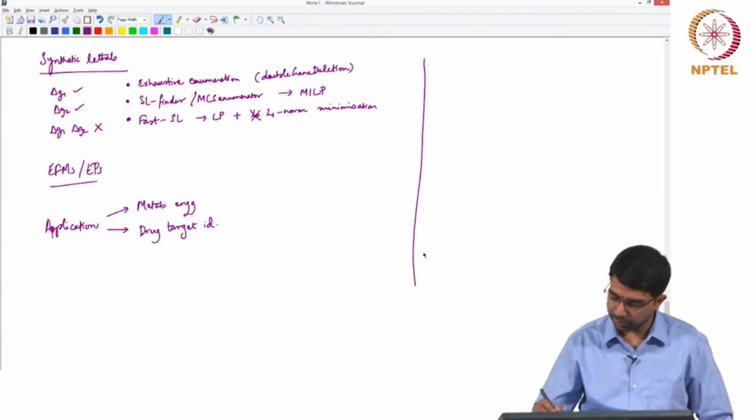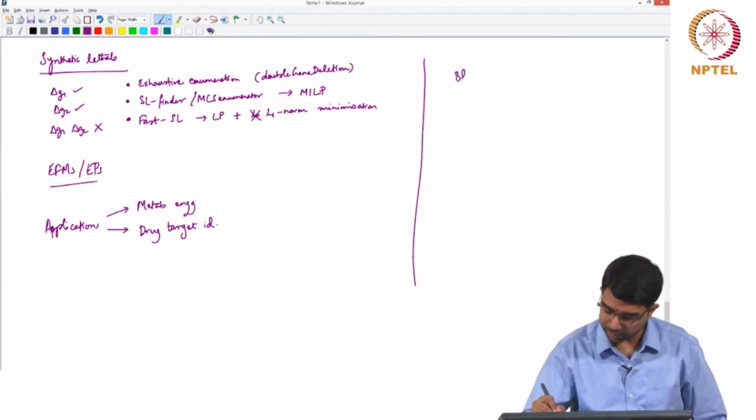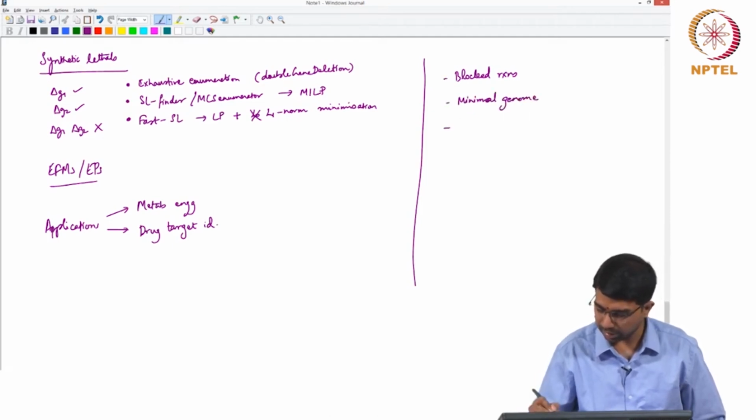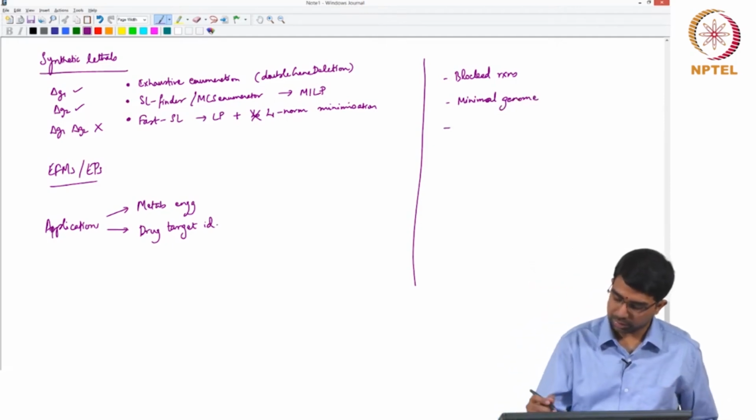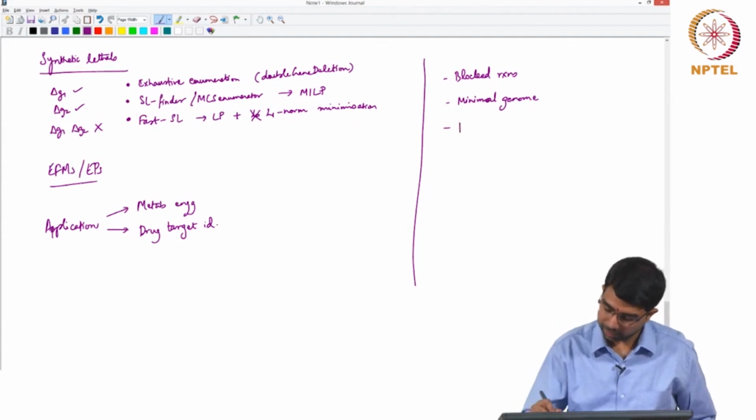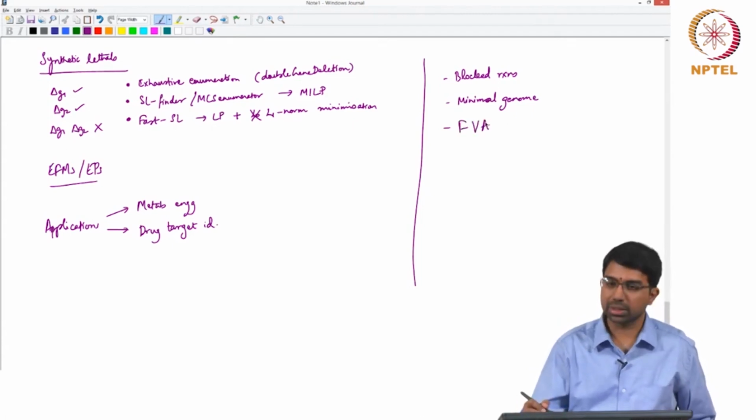A bunch of additional important concepts we quickly looked at were the concept of blocked reactions, right, and to some extent the minimal genome. We will try to do that again in the lab in one of the later classes. Then we looked at flux variability analysis.